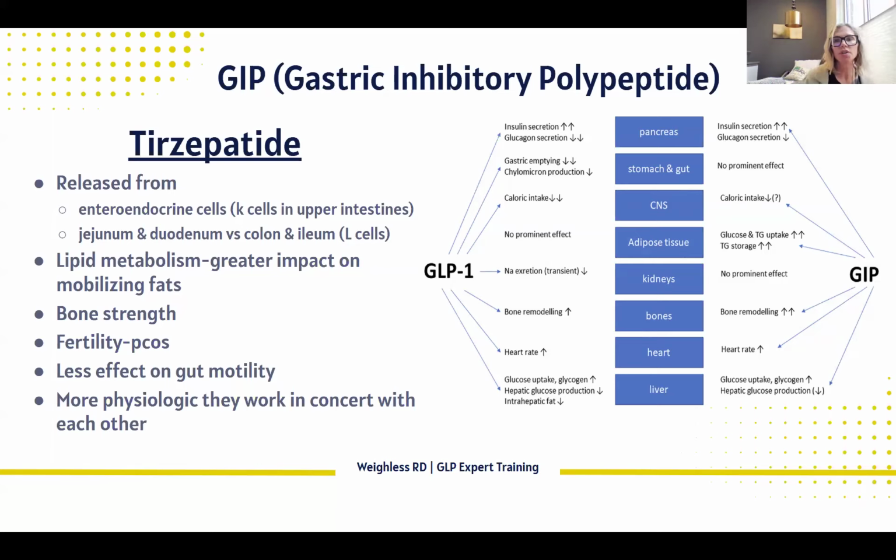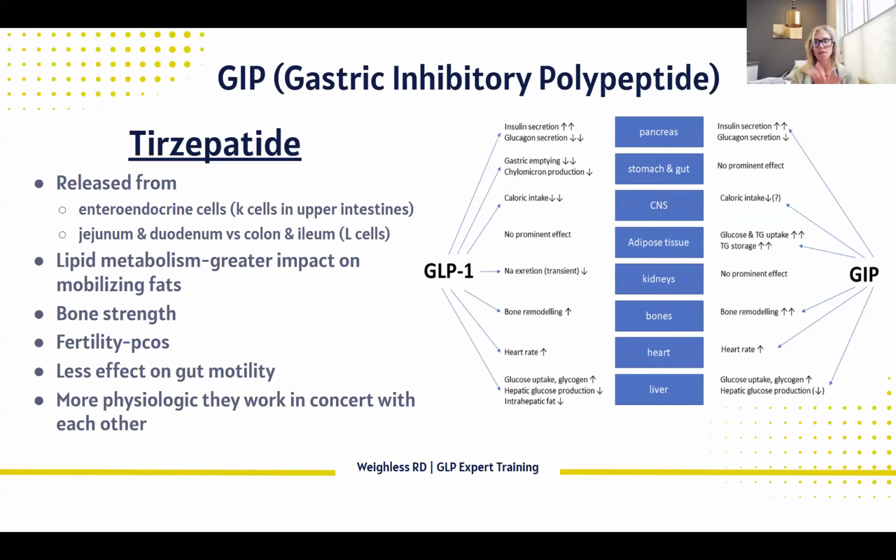But the GIPs, or tirzepatide, Mounjaro and Zepbound, are released from a different part of the gut: the enteroendocrine cells, so the K cells in the upper intestines, the jejunum and duodenum, versus the colon and the ileum for semaglutide.